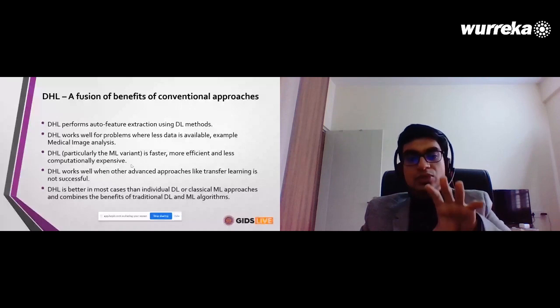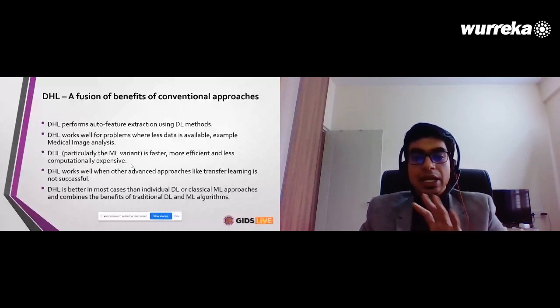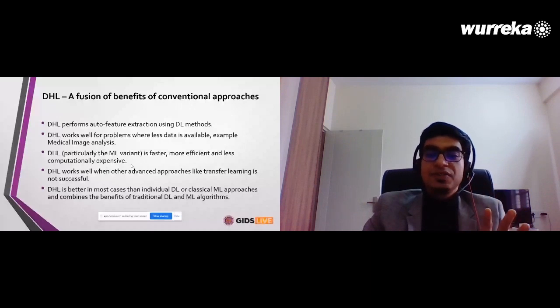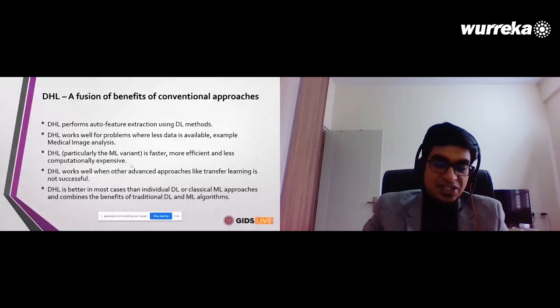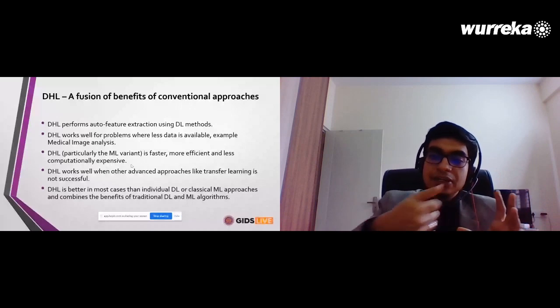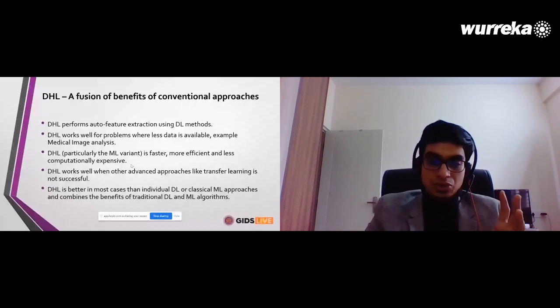if I go over to the case study part, it will again highlight and re-emphasize that transfer learning also fails in some cases, especially when the distribution of the data used for training the pre-trained model is completely different from the data that we are using.